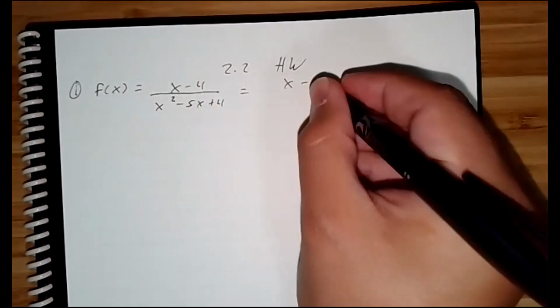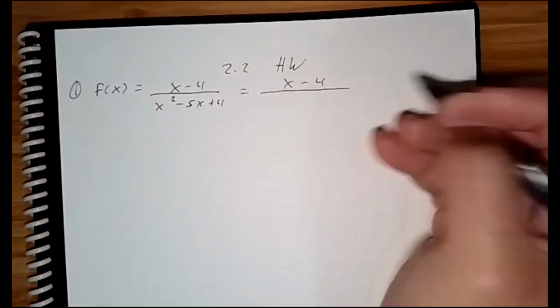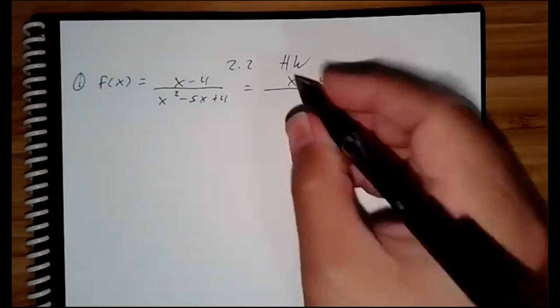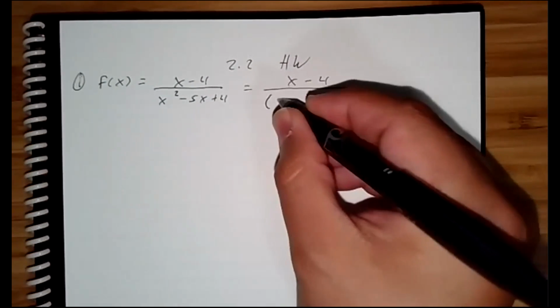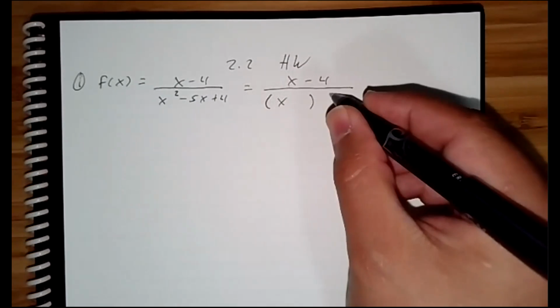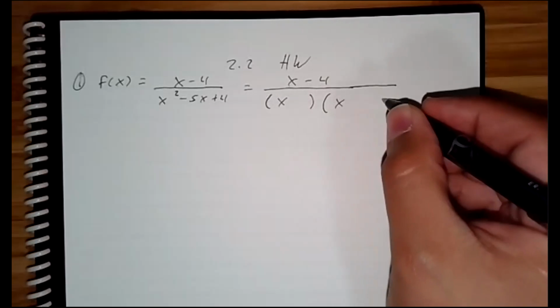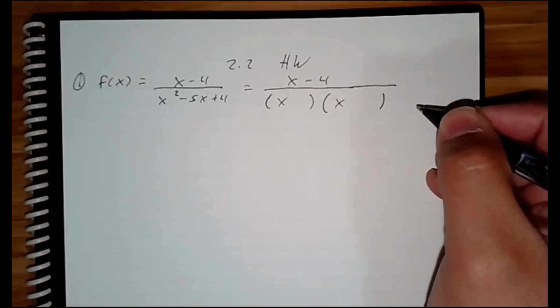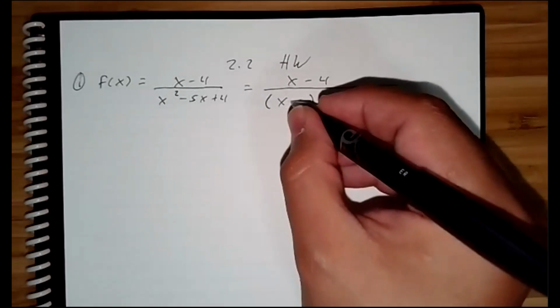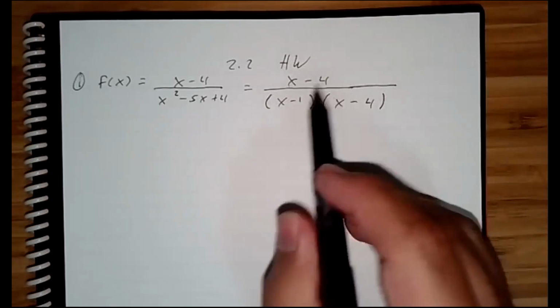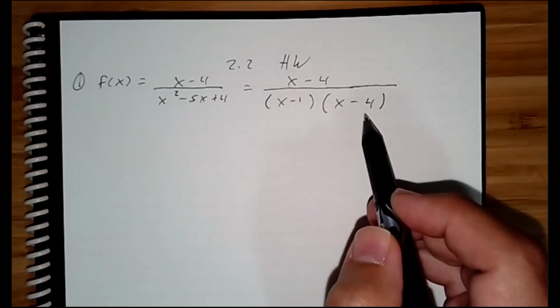If I factor the bottom, does it factor nicely? Yeah, I think it's x minus 1 and x minus 4. So that means it's going to cancel this guy, right? You see that?